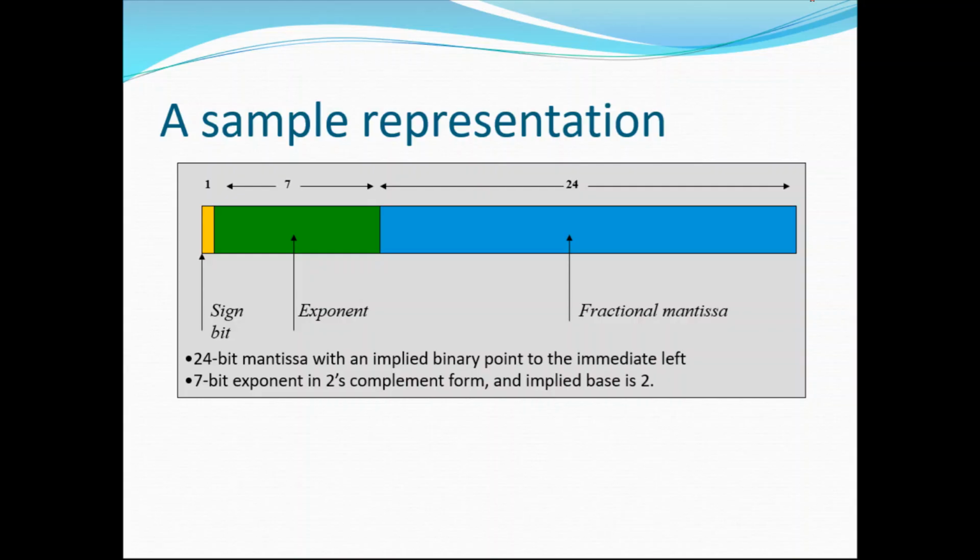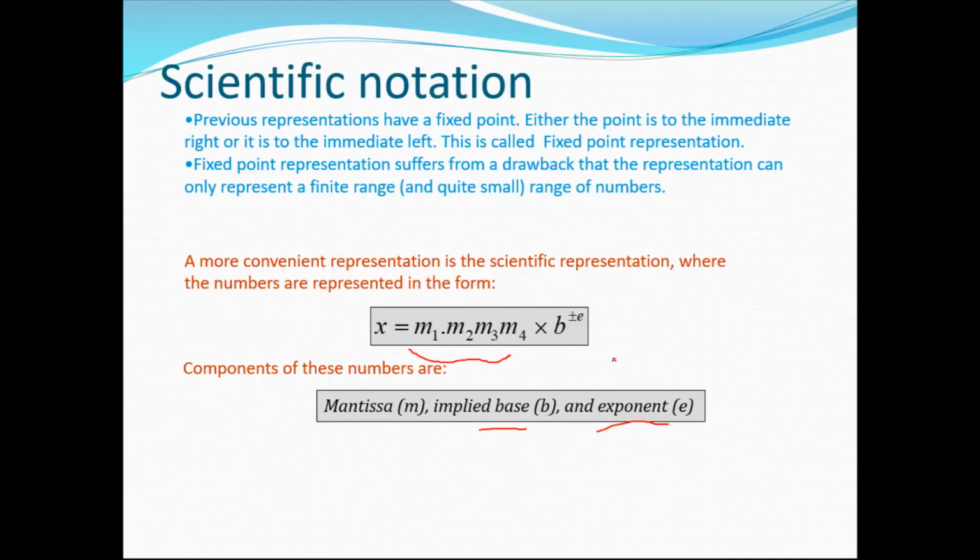So what we are going to do is represent binary numbers also in this format, with mantissa and exponent. Here the base will be assumed as 2, so the implied base will be 2.